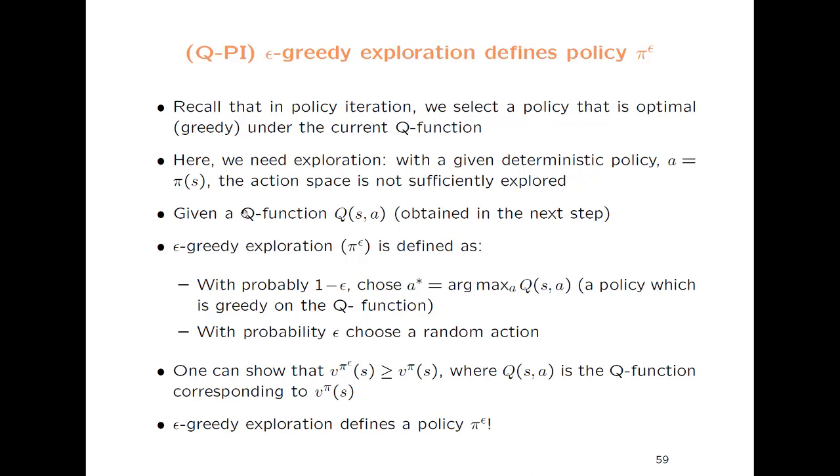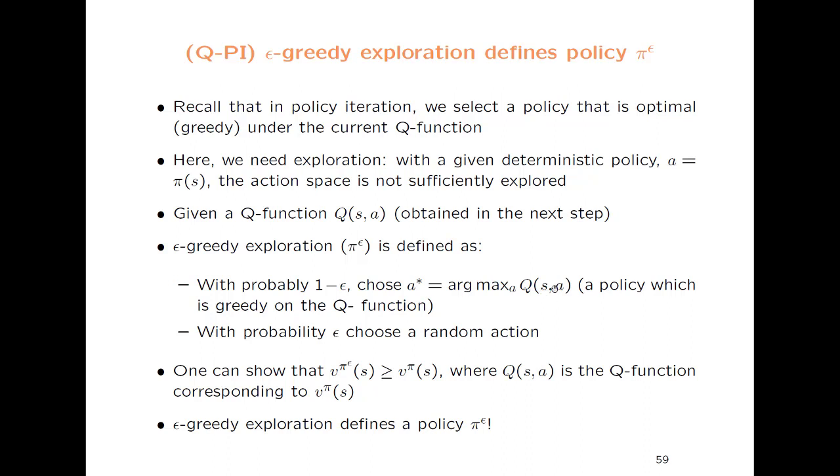Assuming we have a current version of a Q function, Q of S and A, some Q function which occurs in the course of the optimization, with probability 1 minus epsilon, we choose the action which is optimal under the current Q function.